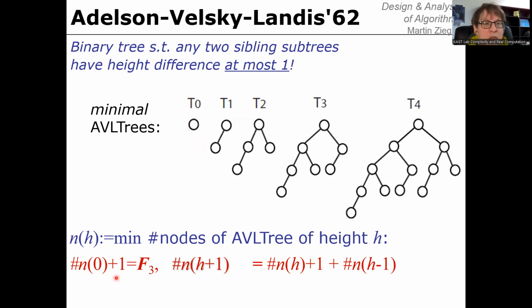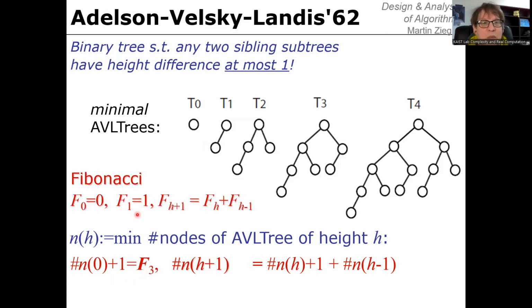Adding 1 results in 2, and 2 happens to be the third Fibonacci number. If you recall, Fibonacci numbers are defined by F0 being 0, F1 being 1, and F(h+1) being F(h) plus F(h-1). So in particular, F3 is indeed 2, which gives this equality.